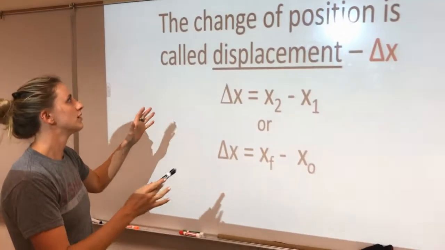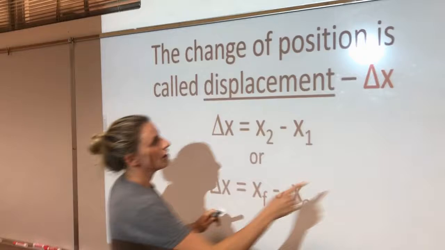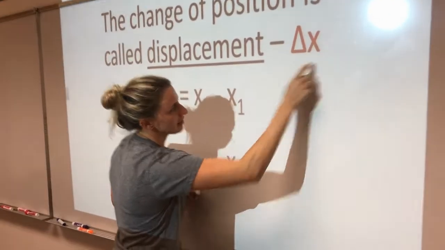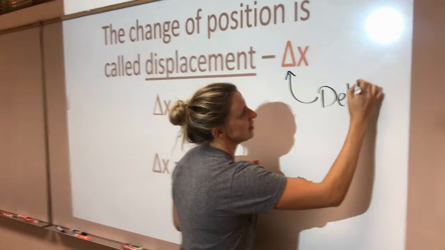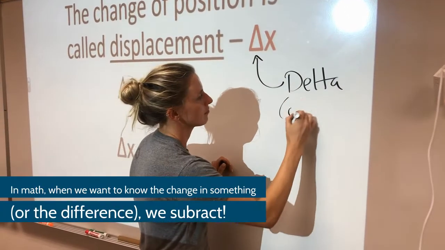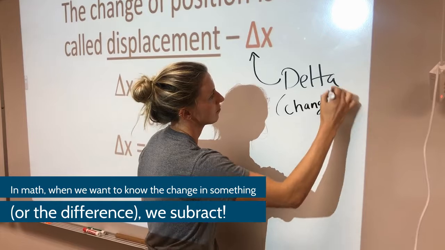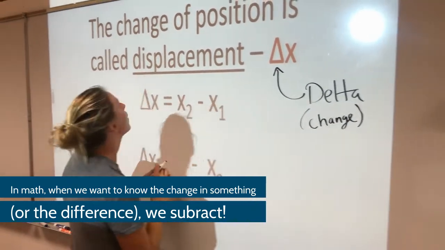Definition of displacement: the change of position is called displacement. Over here we have this triangle thing in x. This triangle is called delta, and delta x really means the change in x. And x is just like the x-axis on the number line. It's your position.